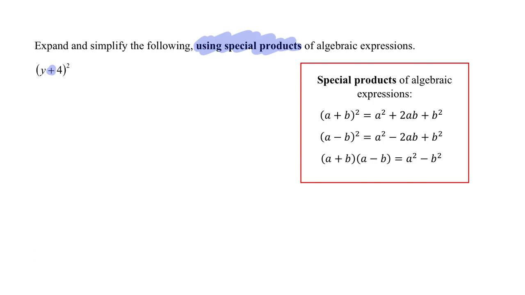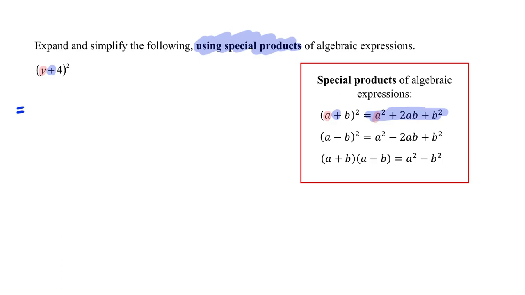So I see a plus, I'm going to choose the plus, which is this. Okay, so my y becomes my a. So notice what I'm going to do. I'm going to equals to my y, that will become my a.